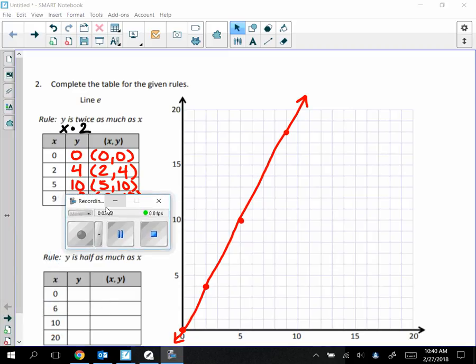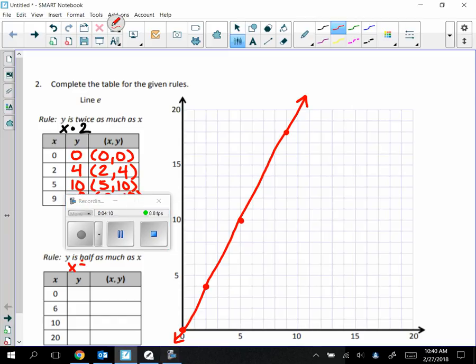So, if y is half as much as x, when I have my x, what am I going to do to get y? Divide it by 2. So it would be x divided by 2. What is 0 divided by 2? 0.